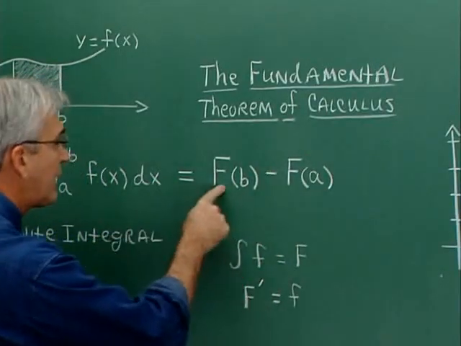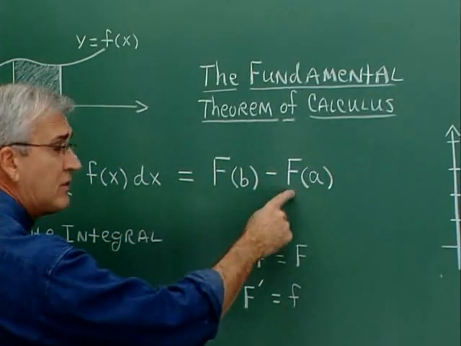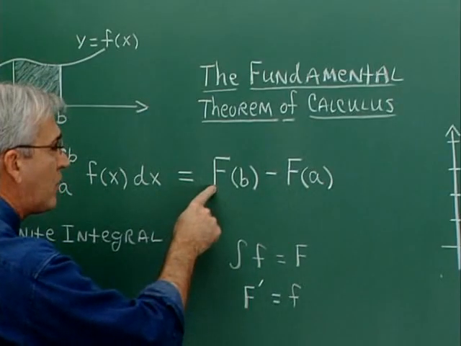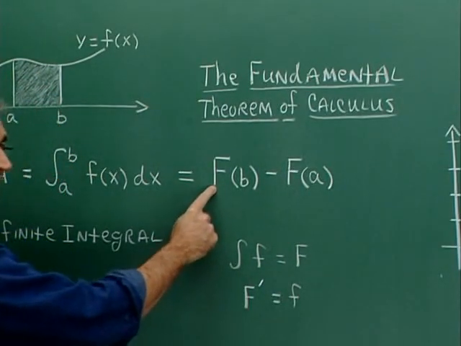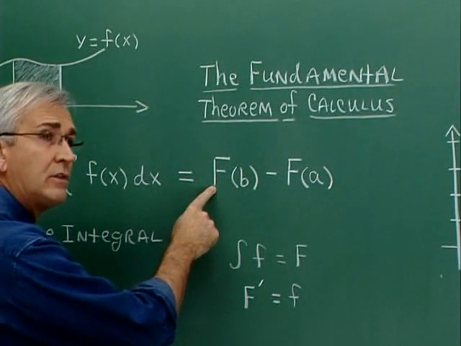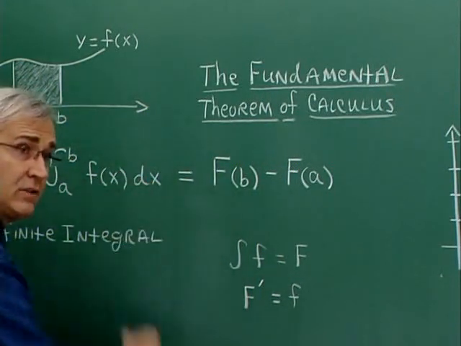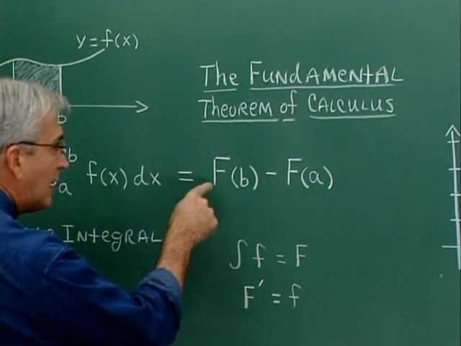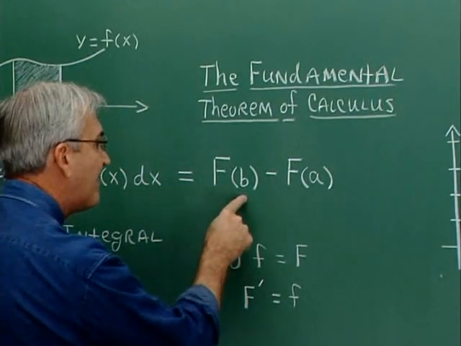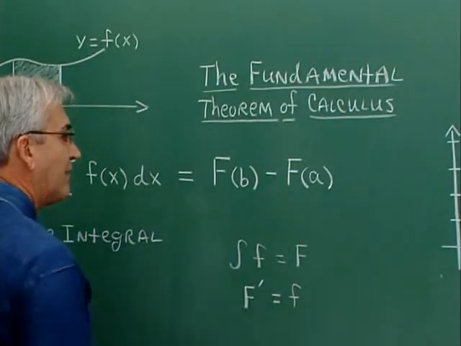Now notice the uppercase F here and the uppercase F here. This just means that we are evaluating within the integral function. This is the integral function associated with that lowercase f. So it's uppercase F of b minus uppercase F of a.